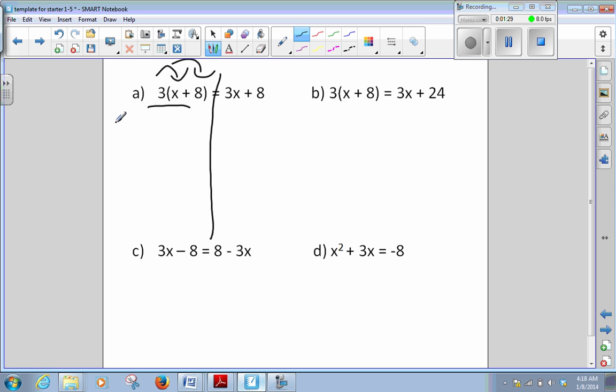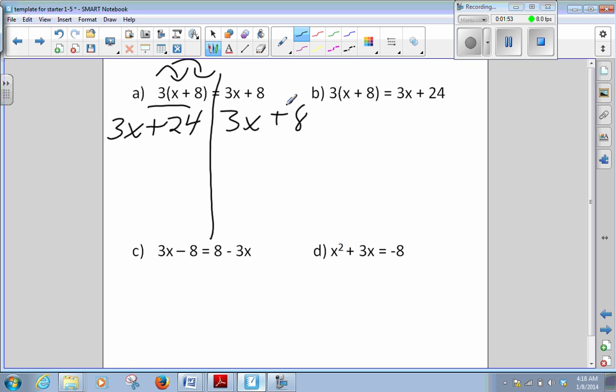So 3 times x is 3x. 3 times 8 is 24. So I'm going to have 3x plus 24 on this side of my equation. Remember, I can't put together 3x and 24 because they are not like terms. Over here, 3x plus 8 is just going to stay the same because I can't put together x's and 8's.